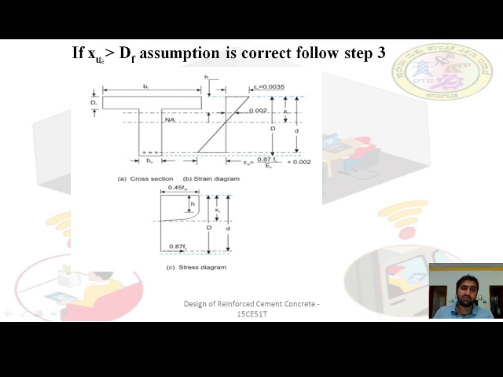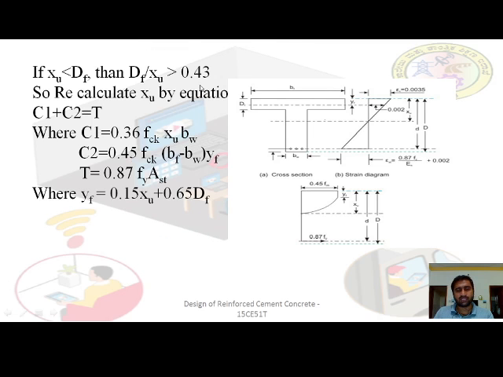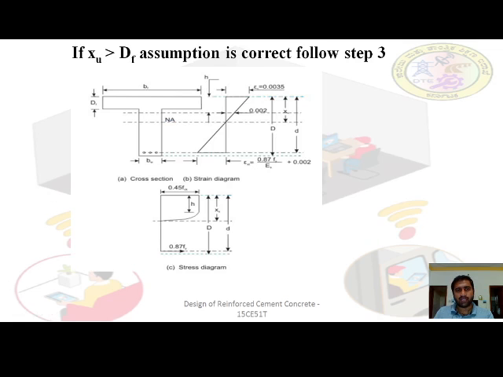If XU is less than the DF, then there will be another picture, which you are going to see in the next slide. But let us have a brief look at the strain variation and the stress variation when the neutral axis lies below the flange. I have already explained how the same stress variation and the same strain variation will also happen, but just have a look.